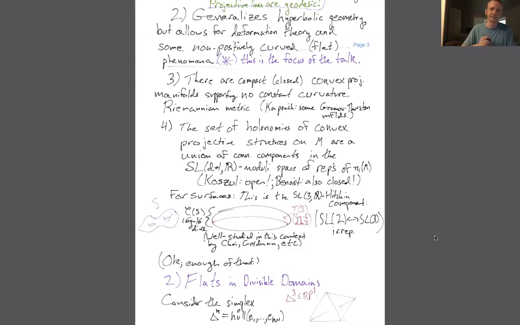And this is a thing that's sort of nicely studied by Choi and Goldman and Fock-Goncharov and some other folks. But I just wanted to point that out because that's a very popular object, and this is sort of a nice way to understand it, at least for me. Okay, so that's my sales pitch, and I'll move on to the talk now.